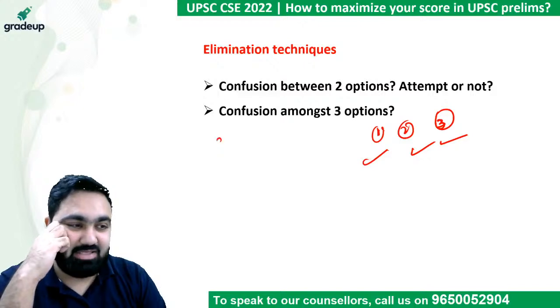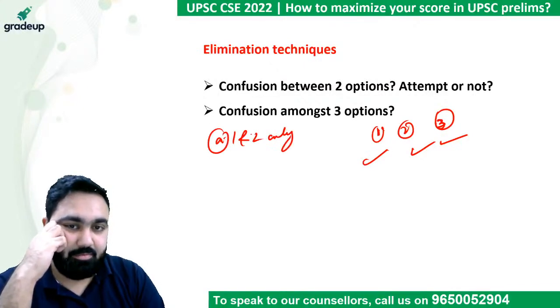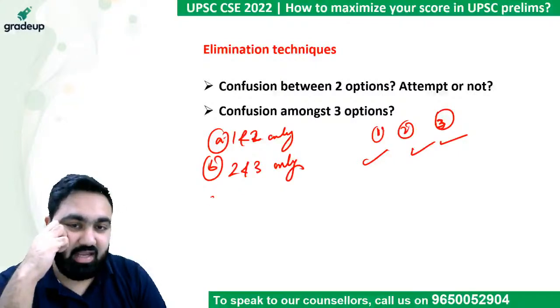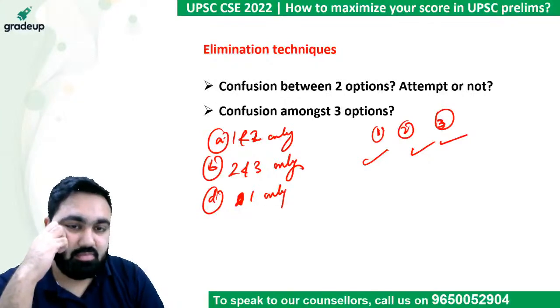For example, let's say options are like this: A, 1 and 2 only. फिर option B can be 2 and 3 only. C can be 1 only, and D can be all of the above.